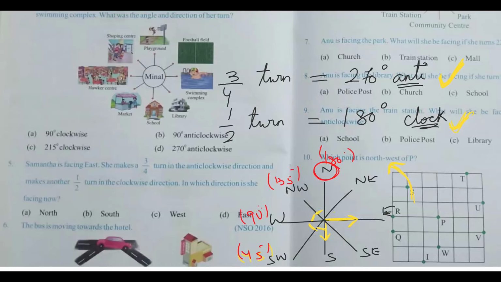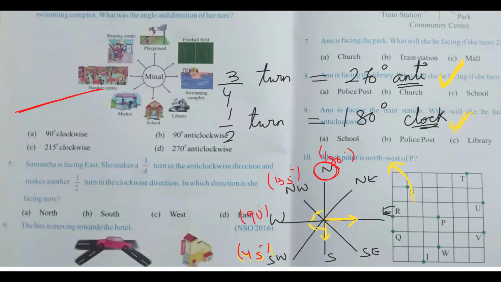Also, you can just remember that 180 degrees is always a straight line. So whenever you see a 180 degrees turn, whether clockwise or anti-clockwise, it will just be the opposite of the starting direction. If it is south, it will be north.